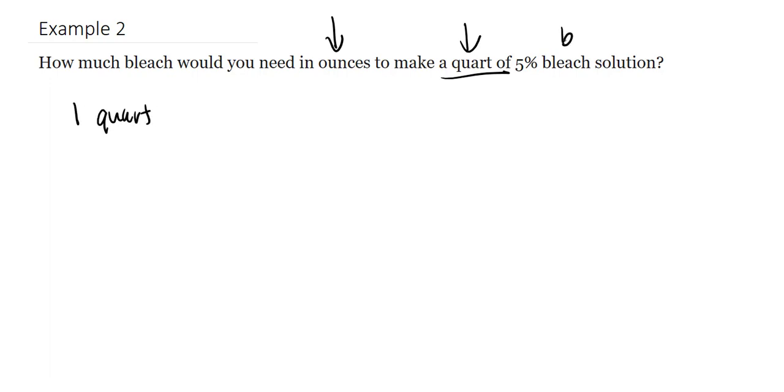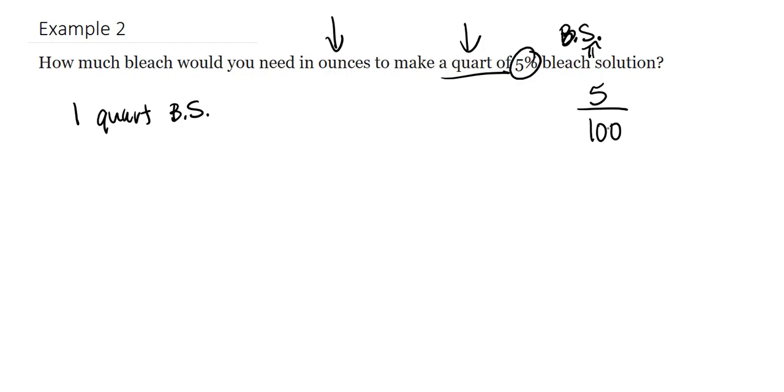And instead of saying bleach solution, let's say B.S. So that's what that means. We need a quart of this. What else do we know? We need 5% of this. So what does that mean, 5%? If we represent it as a fraction, 5 over 100 is also 5%.